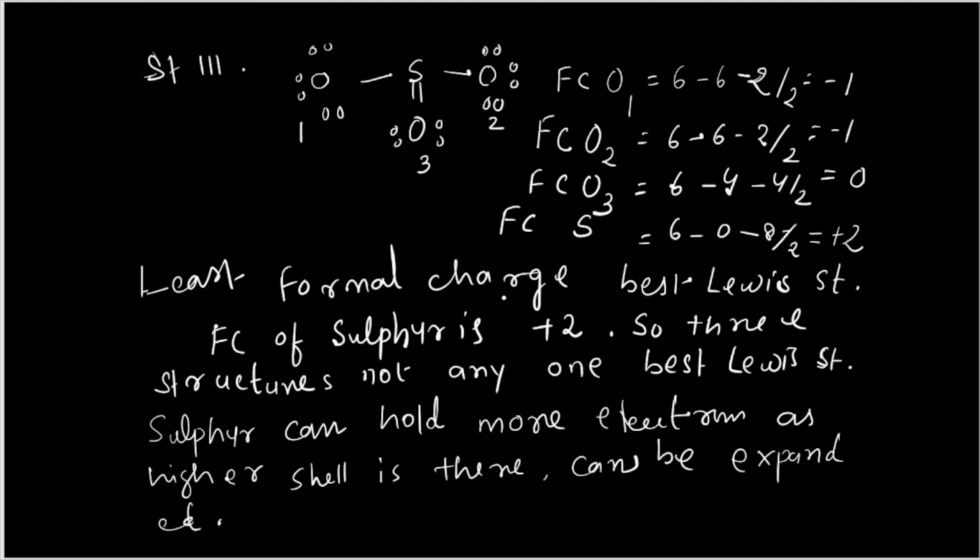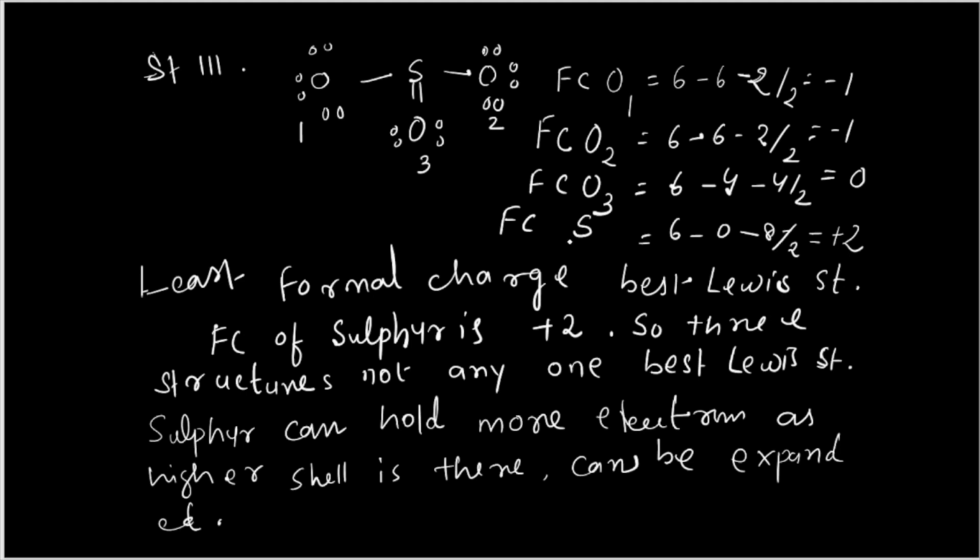So oxygen 1 and oxygen 2 give minus 1, minus 1. And there should be some change in oxygen 3, because from oxygen 3 the electron moves towards sulfur to satisfy the octet rule.